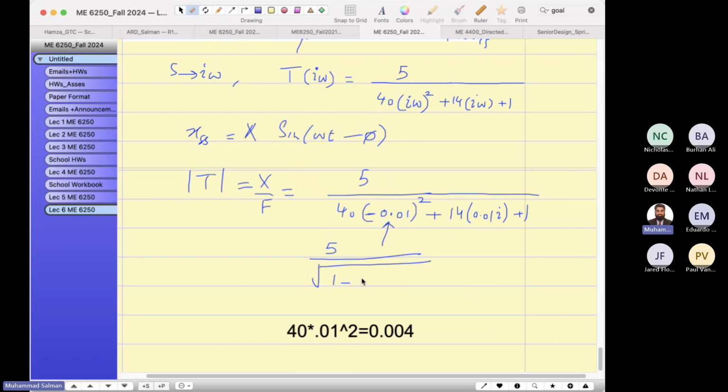Let's write down 1.004 whole squared. This is the magnitude.